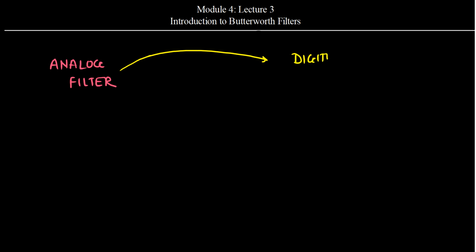In the previous lecture, we have seen that the design of IIR filters is completely based on the theory of analog filters. That is, we have an analog filter, and in order to design a digital IIR filter, we perform some kind of transformations that lead us to its equivalent digital IIR filter.